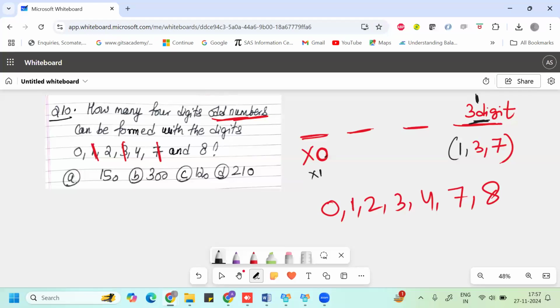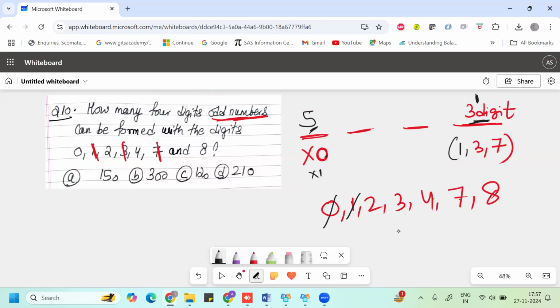And I cannot use 0 here because then it becomes a 3-digit number. So I cannot use 0 or 1. Now how many digits can come in first place? 1, 2, 3, 4, 5. Any of the 5 digits can come in this place.